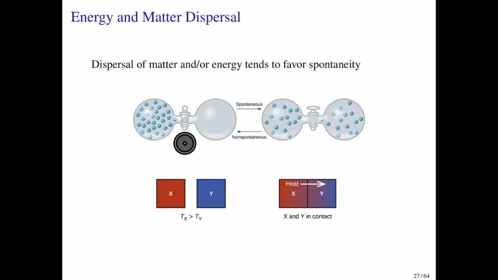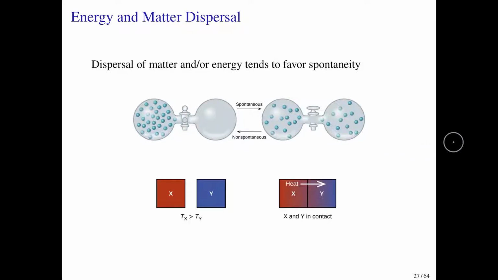And so when you open the valve here in this vessel, the gas will spontaneously on its own fill both chambers. You would never ever expect the gas to go from this situation here where you have the greatest dispersion of matter to one where all of the matter is on one side of the vessel. It just won't happen on its own.